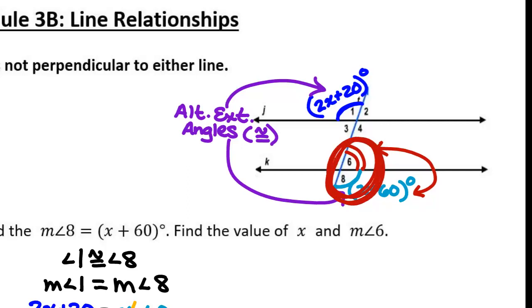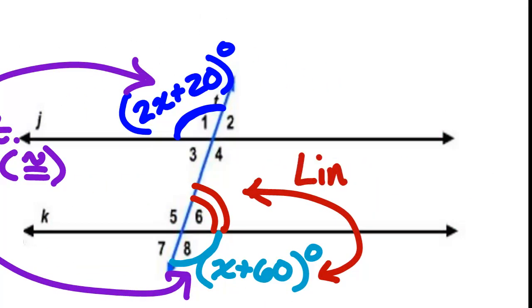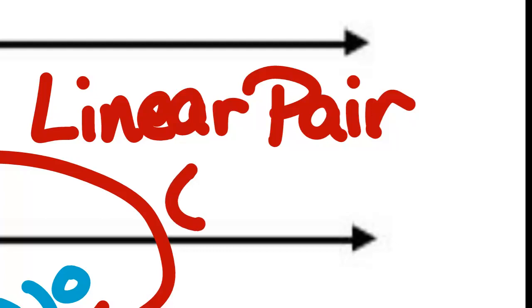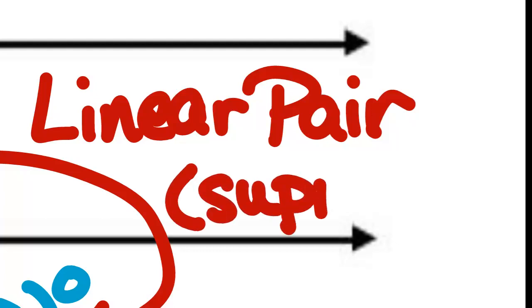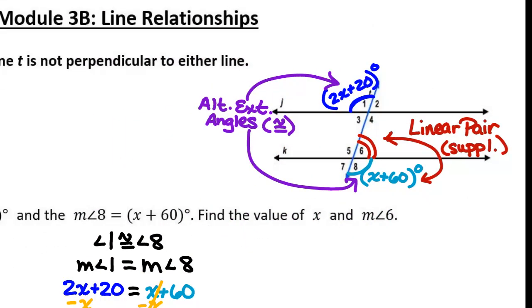What would we call those? They're a linear pair. What's the relationship between linear pair angles? Supplementary. So they're going to add to 180.